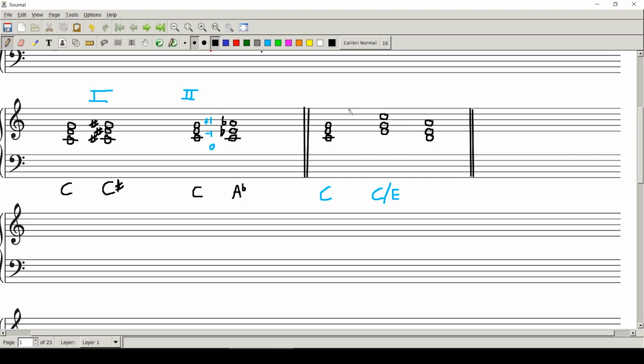So for example, let's say I'm taking this down by 4, so that C becomes A flat, G becomes E flat, and E becomes C. That is, this last chord that I'm getting right here is A flat in first inversion, A flat over C.